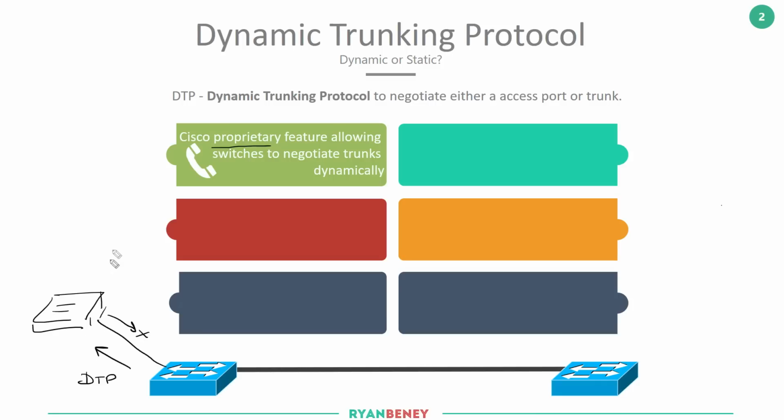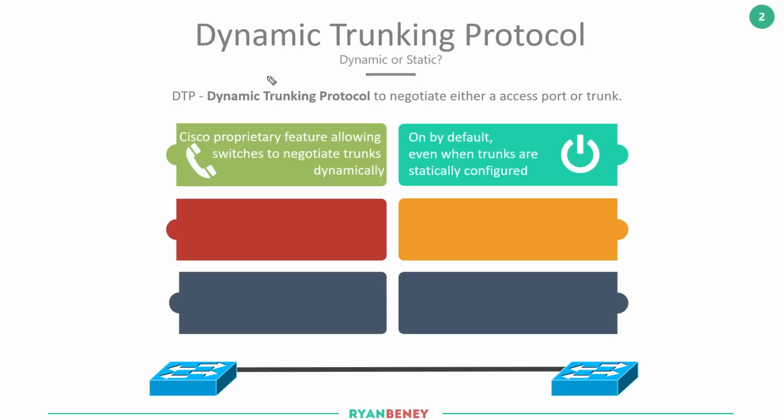It's also recommended, if you're having this type of setup, to turn DTP off between switches of different vendors, because normally other vendors have another protocol similar to DTP, but obviously it will be proprietary to them, to negotiate trunks between their switches. And it's certainly best practice that you turn off the negotiation to another vendor's switch, because the last thing you want is some confusion there, or for the Cisco to try to interpret the information being sent back and forth.